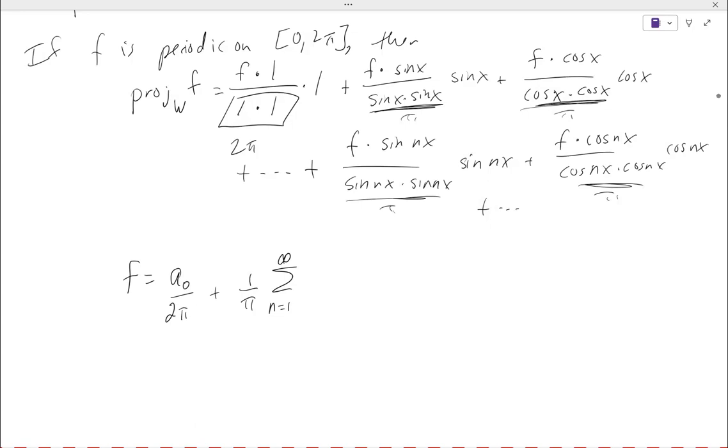Well, sorry, I'll write it this way first. A1 sine. Oh, I don't want to mess you up with the letters. Doesn't really matter. I think these are actually the cosines. I just want to make sure I'm consistent with the lettering. All right, so this is what we look at for a Fourier series.